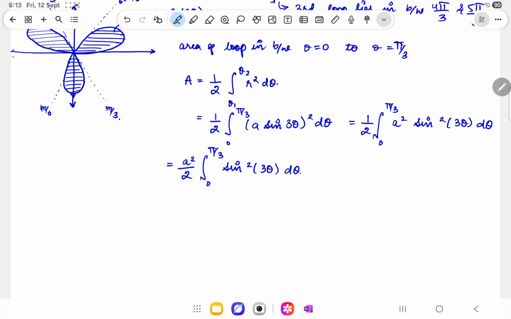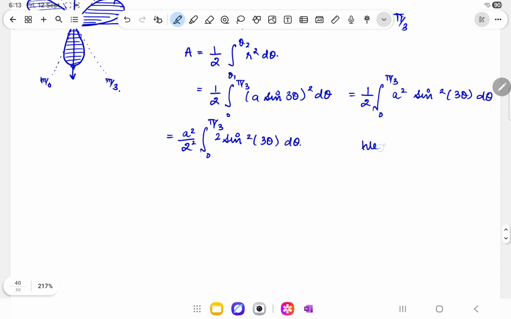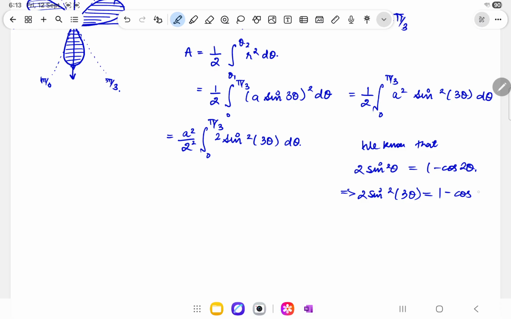Now I can multiply and divide by 2 so that I can get rid of this square. We know that 2 sine square theta equals 1 minus cos 2 theta. Using this relation, 2 sine square 3 theta equals 1 minus cos 6 theta.